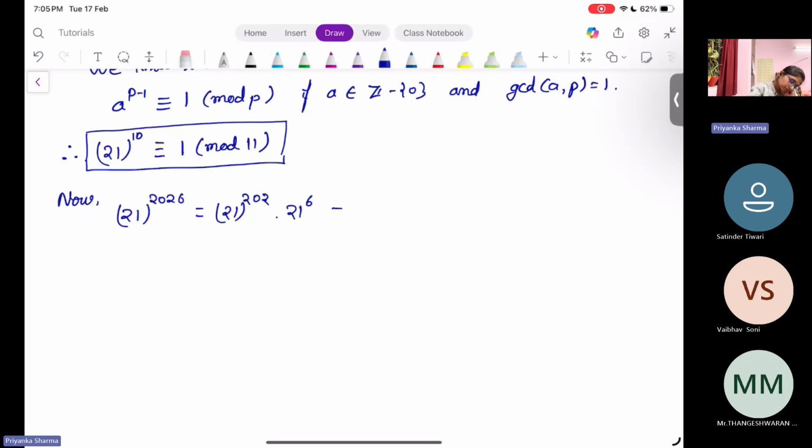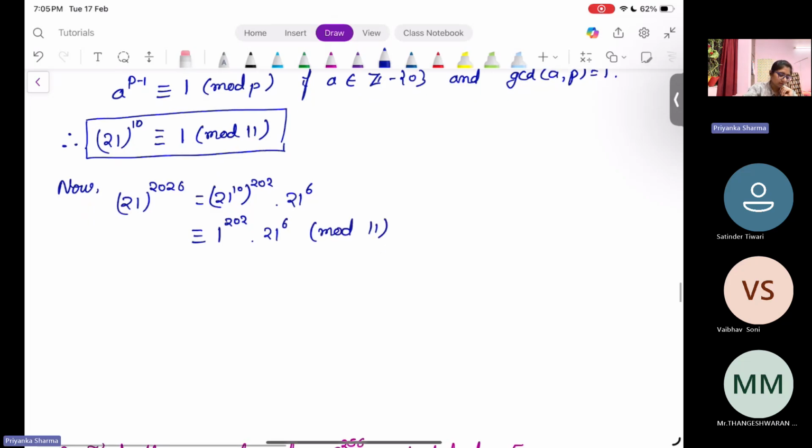Let's reduce it further. I missed it actually: 21 to the power 10 and then its power 202. So this will be congruent to 1 to the power 202 into 21 to the power 6 modulo 11.